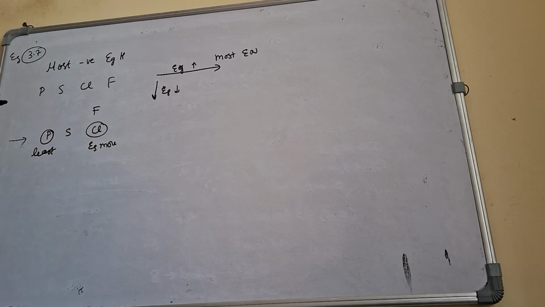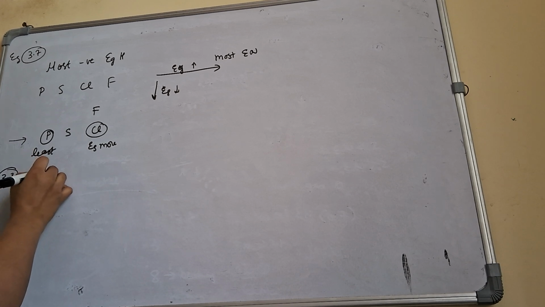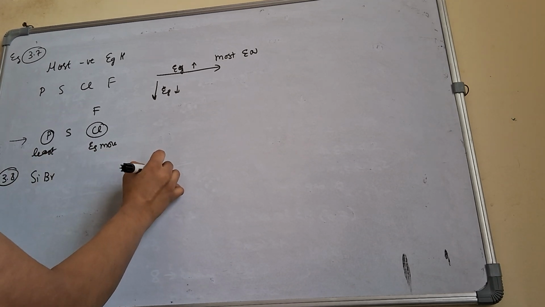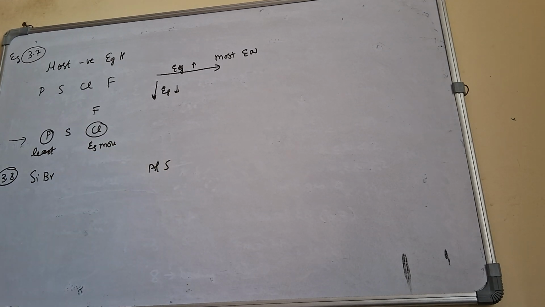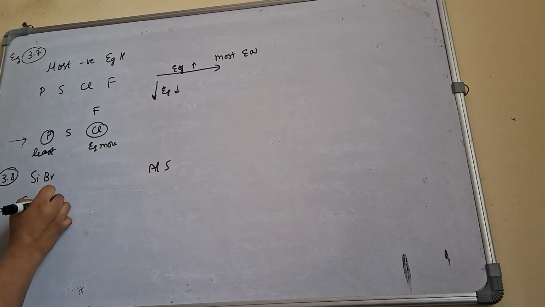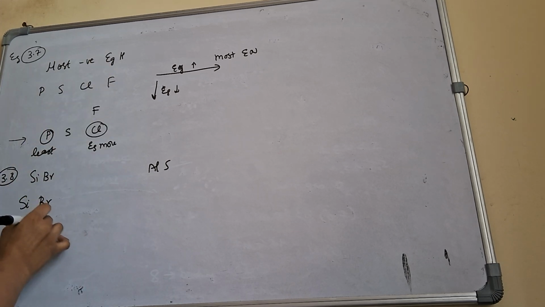Next, this is example 3.8. Predict the formulas of the compounds which will be formed by the pairs of elements silicon and bromine, and aluminium and sulfur. Now, silicon is in the 14th group, so it will have a valency of 4 and bromine is 1.